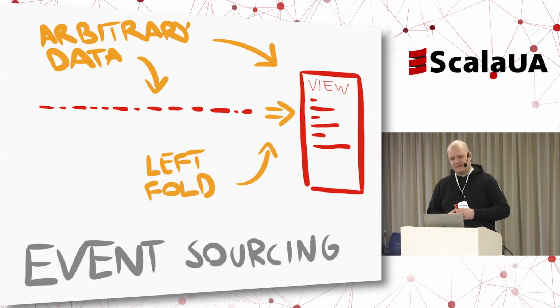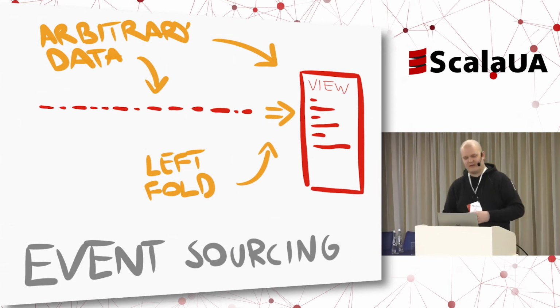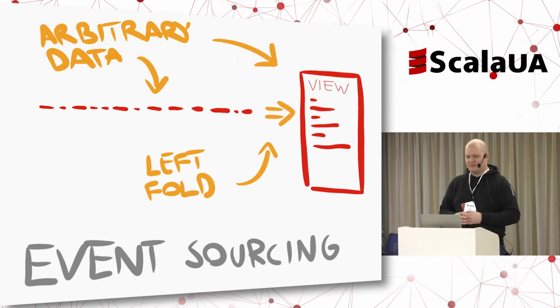So in event sourcing, these events are just data, arbitrary data. And then you have this left fold function, which to Scala people should sound familiar, which basically means that you have a function that takes the first event and returns a state, and then that function is called again with the next event, and the previous state is passed in, and then you thread through the events like that until you end up with this view.